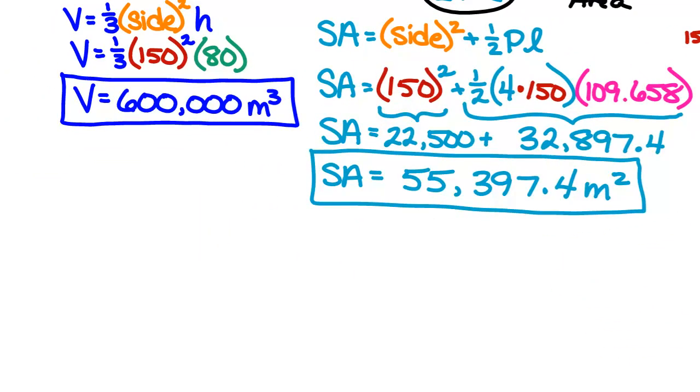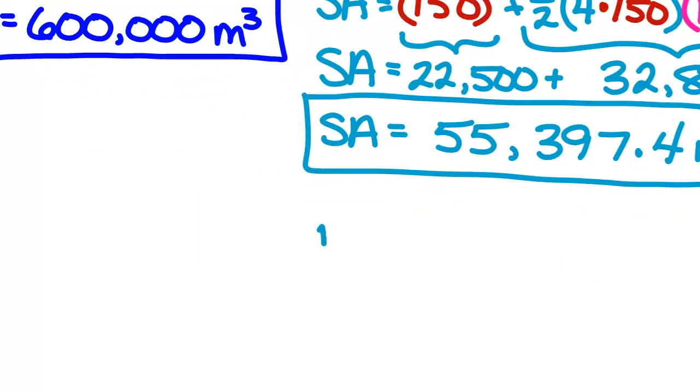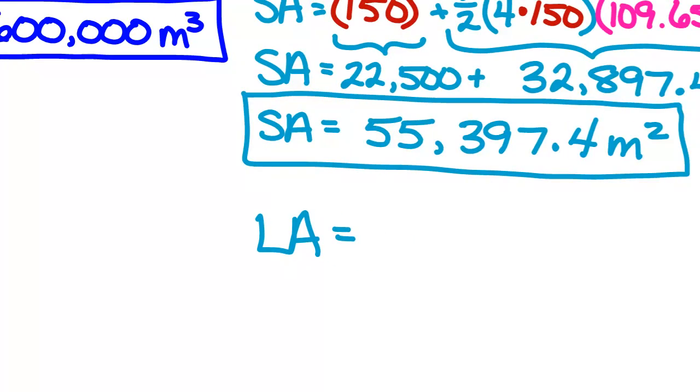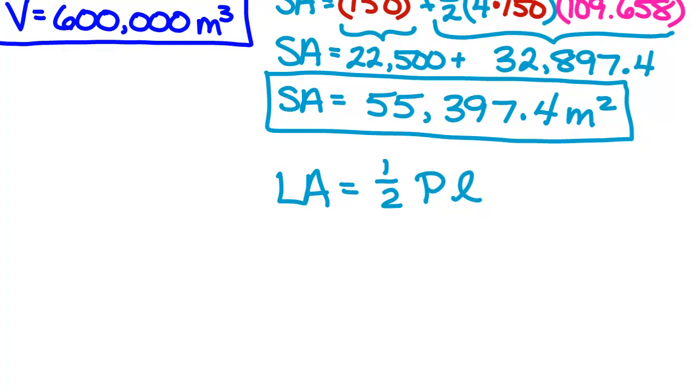They also asked me for what? Lateral area. The lateral area is just the part that goes around the base. So just that 1/2 perimeter times the slant height.